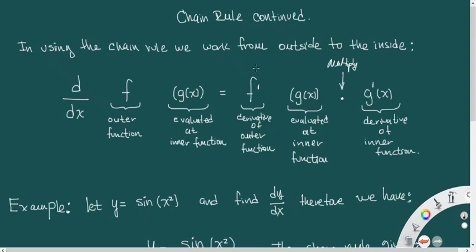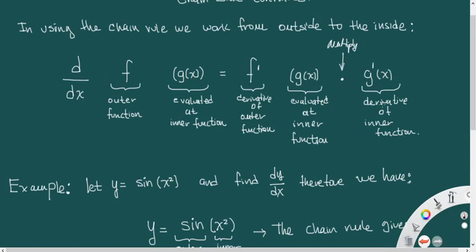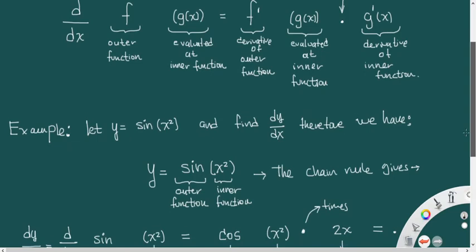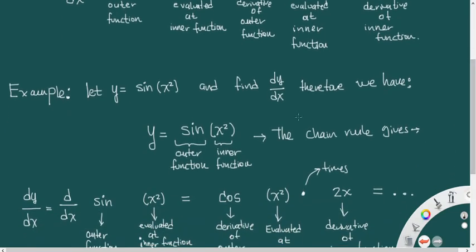So I expect that now it's more clear for all of you how to work with composite function differentiation. Let's work an example. Let y equal the sine of x squared. As you know, here we have two functions.